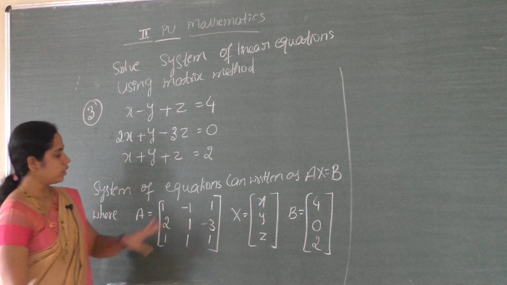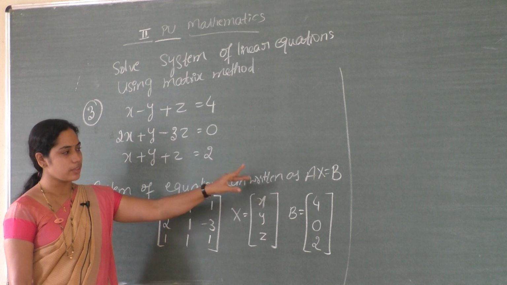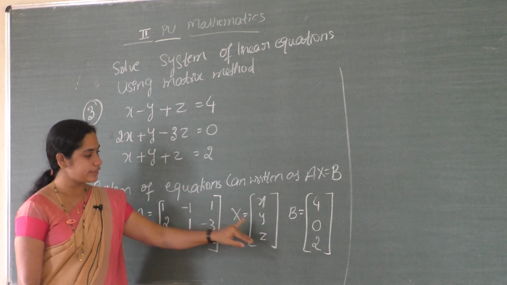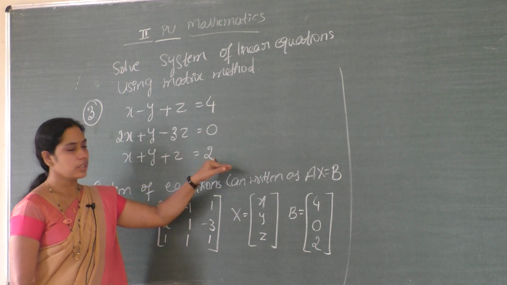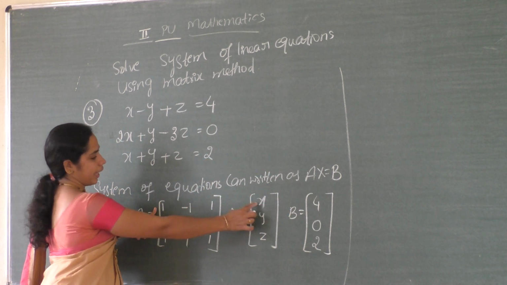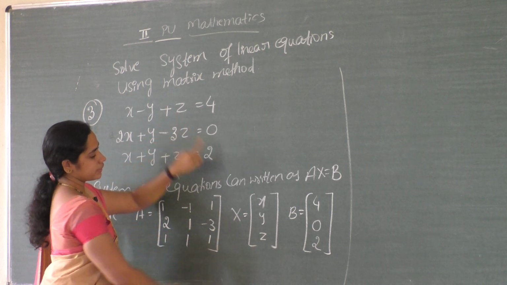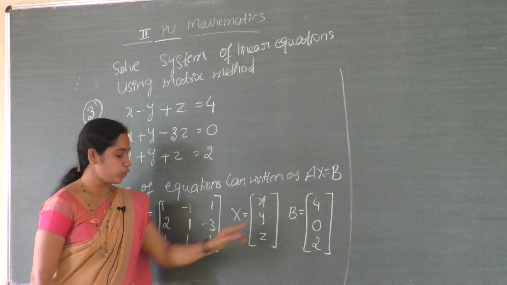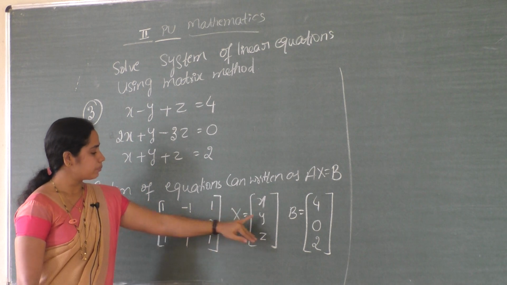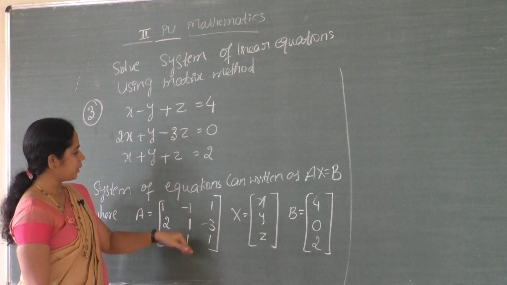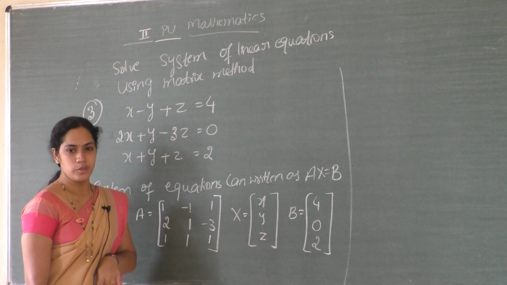Now if you multiply these two, we get x minus y plus z equal to 4, 2x plus y minus 3z equal to 0, x plus y plus z equal to 2.